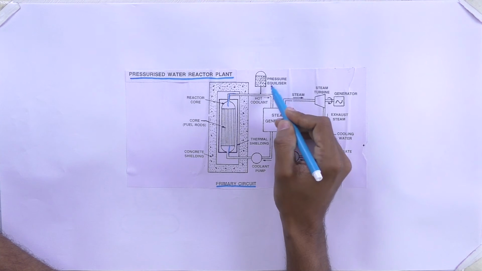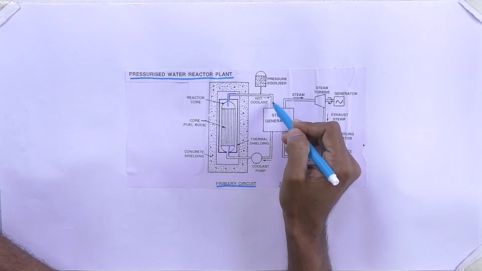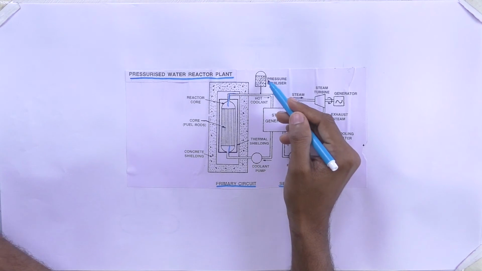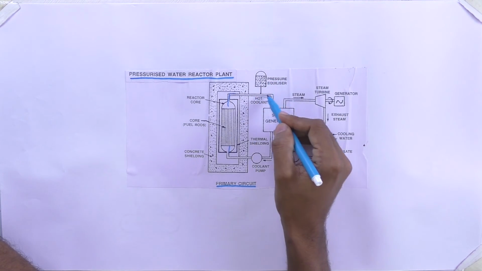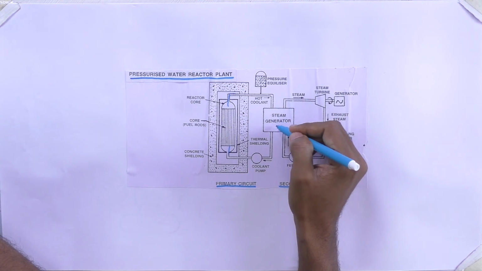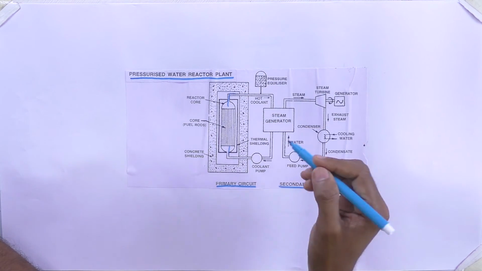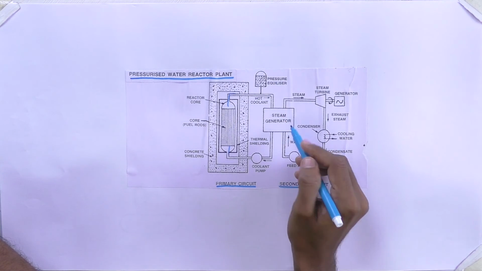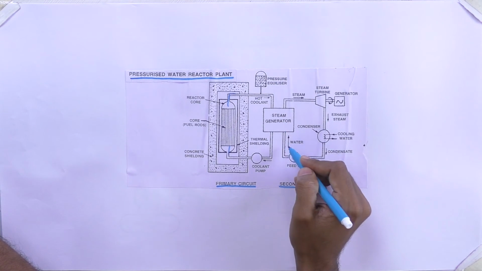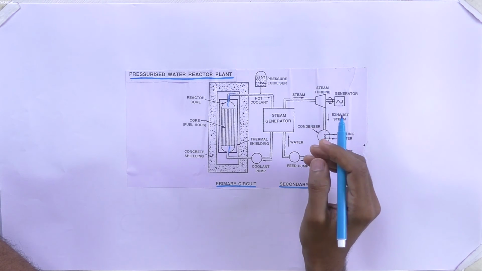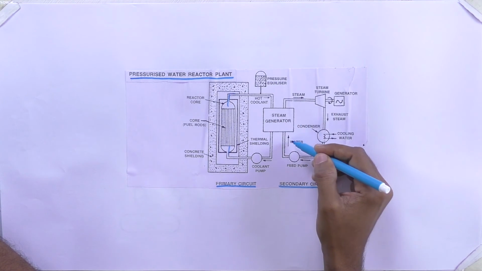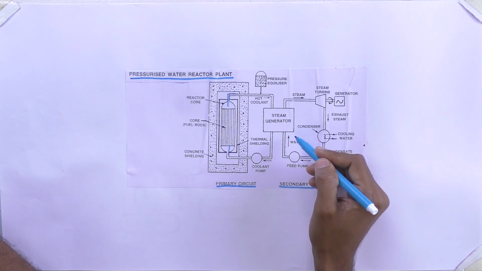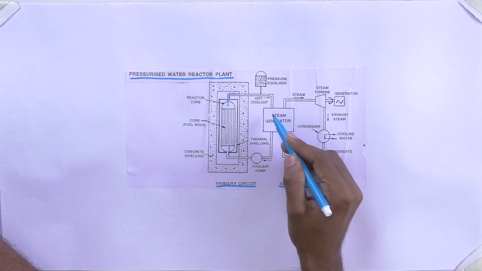Here the pressure equalizer is used because we want to equalize the increasing pressure. It is like a surge tank in the hydroelectric power plant. The hot coolant is sent through the steam generator, where normal water is also sent. Due to conduction, we know conduction, convection, radiation and so on, the water absorbs the heat from the hot coolant, so the water gets heated and the coolant gets cooled.